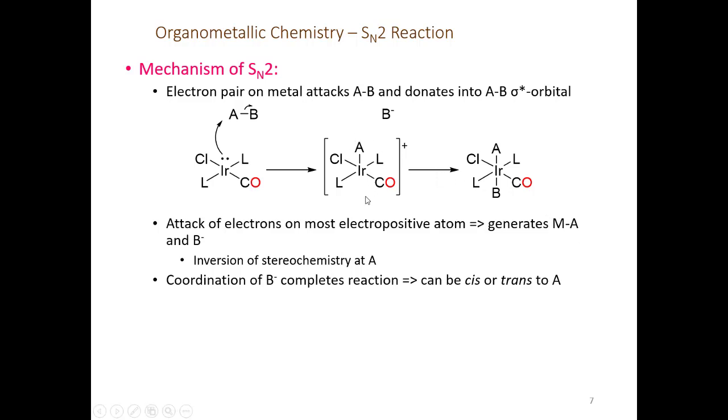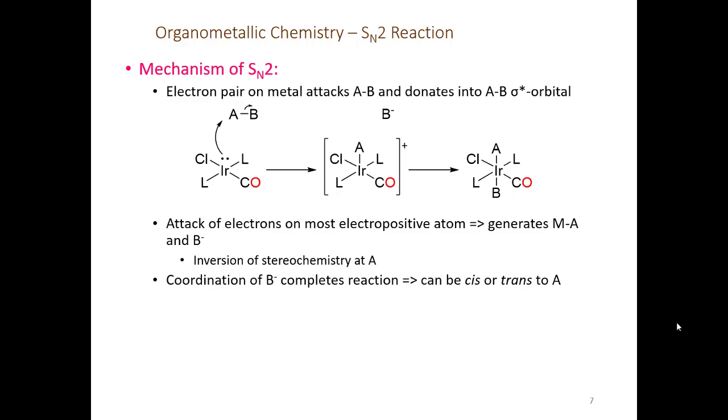Also, it should be noted that if this intermediate complex ends up being coordinatively saturated, B- can coordinate through a ligand substitution reaction. Moreover, coordination of B- doesn't always occur, and it could just end up being a counterion. But in that case, the reaction would not be a true oxidative addition.